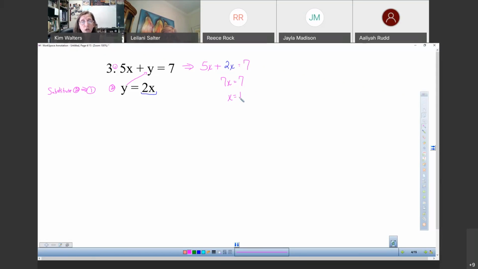Again, here, I'm getting ready to solve this. As I work through the problem, I find the value for x, and I say, okay, that means I have a solution. Because I found x first, the solution is going to be 1 comma something.